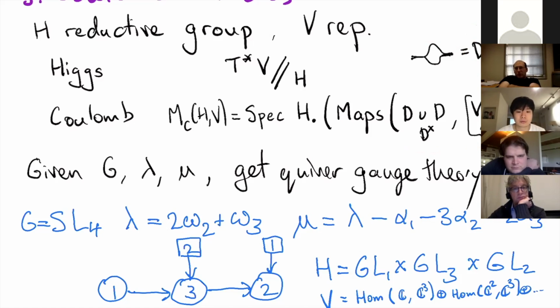Explicitly, it means we consider two principal H bundles over the formal disk, which are glued along the punctured disk and which carry compatible sections of the associated vector bundle V. Okay, so that's what the space of maps actually looks like explicitly.